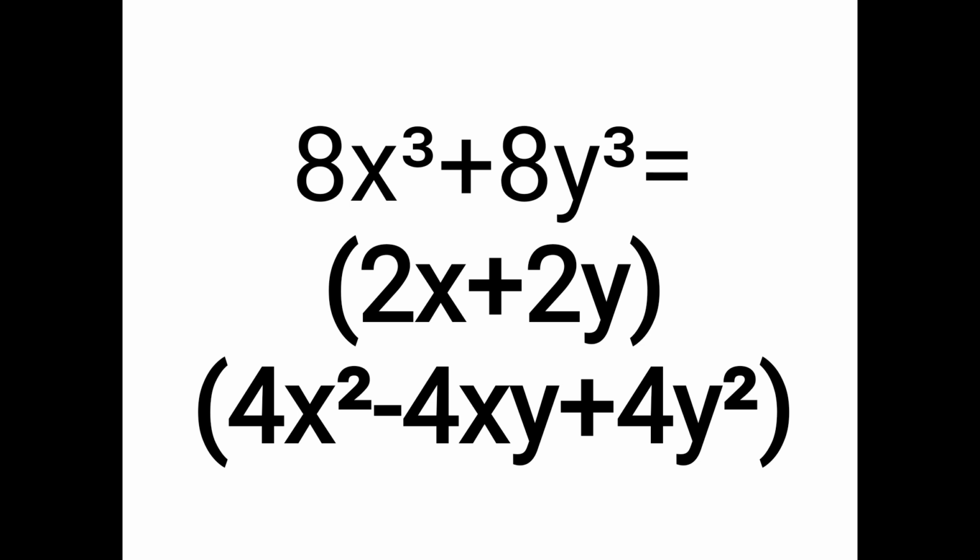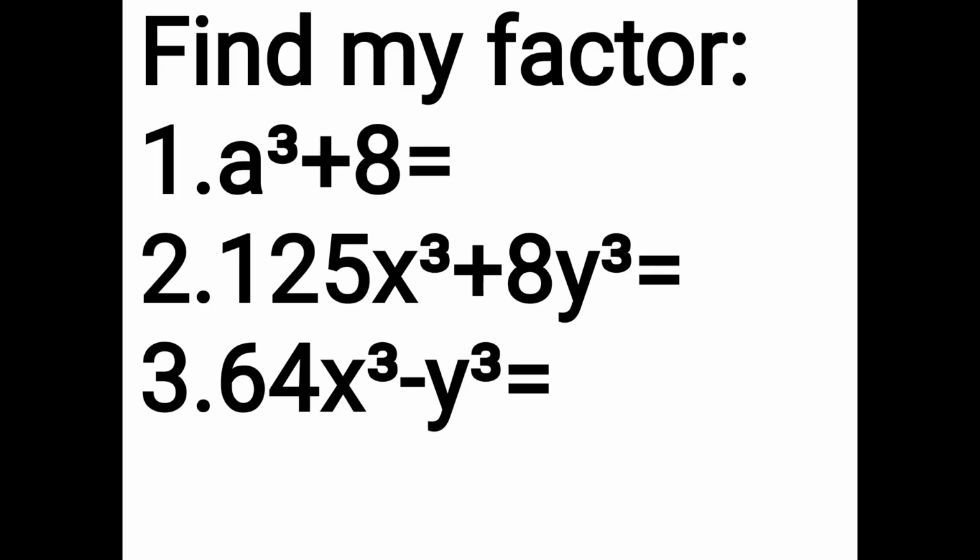Then multiply 2x times 2y to get the middle term of the trinomial, which is 4xy. So the correct answer is the quantity 2x plus 2y times the quantity 4x squared minus 4xy plus 4y squared.